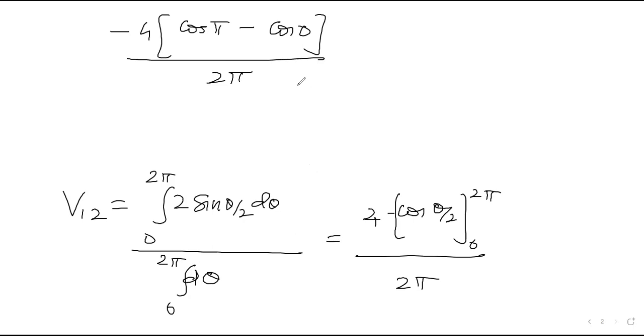Cos of pi will be minus 1, and cos of 0 will be 1. I forgot the v, so v is there of course. 4v is there.